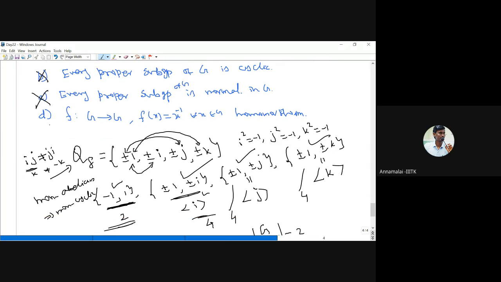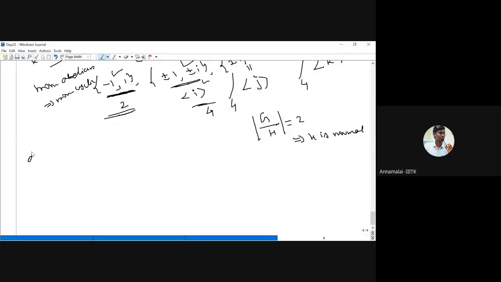Now look at the last option. F is a function from G to G defined by f of x equal to x inverse. It is given that it is a homomorphism.